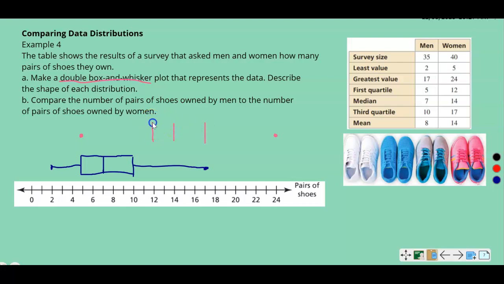And then I'm going to create my box. And then just like before, not a very straight line, but I'm going to connect my whiskers for my box, my double box plot.